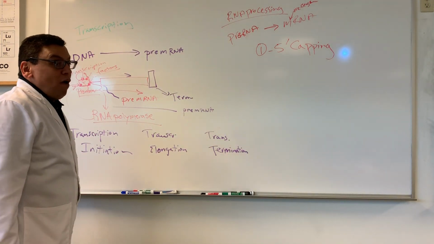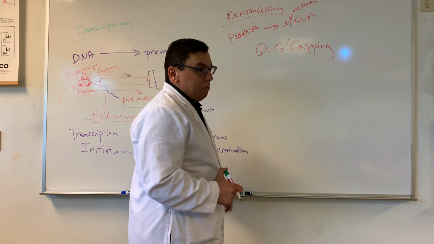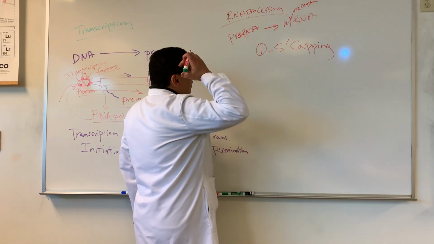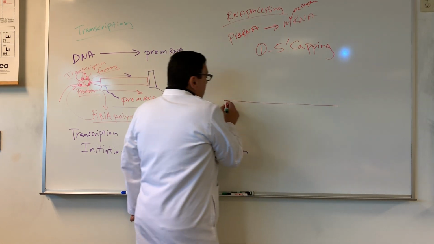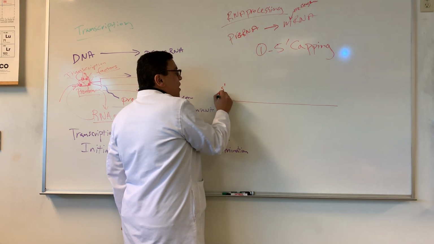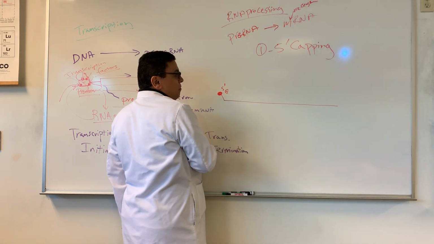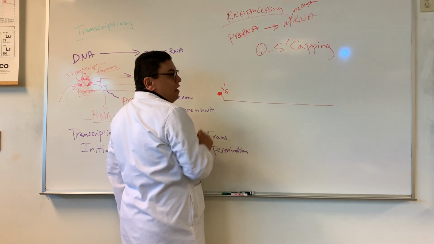Each event has a function, and I'm going to explain what they are, and I'm going to expect you to know it. The 5' capping is basically this. I take the pre-mRNA and I put a cap on it at the 5' end. It's a special guanine. It's a special G. It's capping. It's basically saying, hey, that's the 5' end.